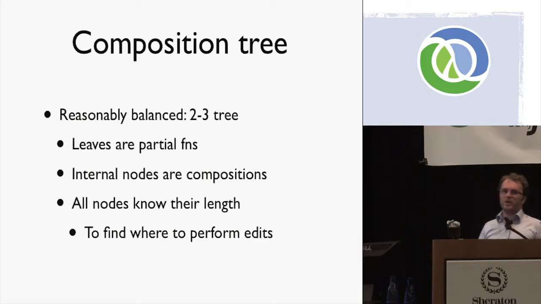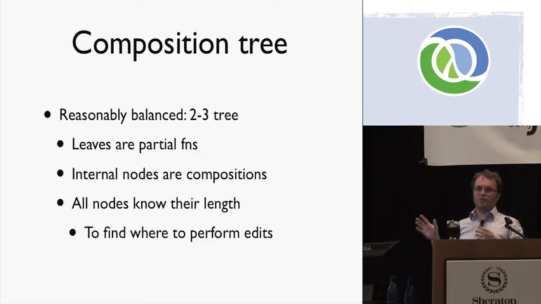Previously, all the composition trees I have shown were trees which were easily balanced because they had a power of 2 number of leaves. And to really implement the composition tree, which needs to grow and shrink as you add or remove characters out of it, I use a 2-3 tree where the leaves of this tree are the partial functions we have seen before, the FA, FB, FC, FD, and so on.